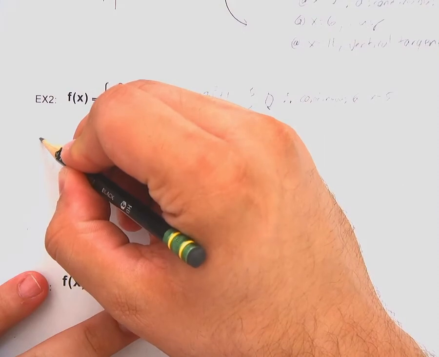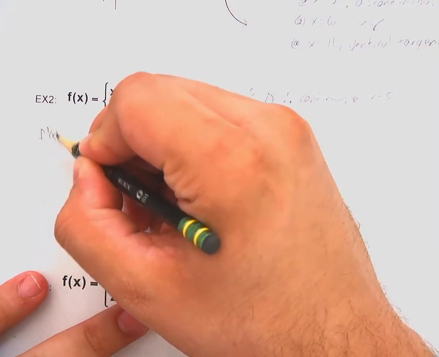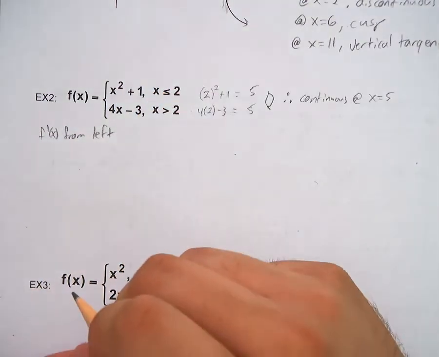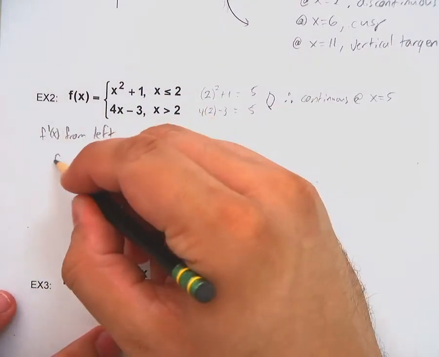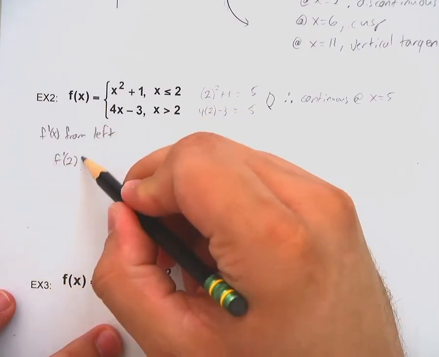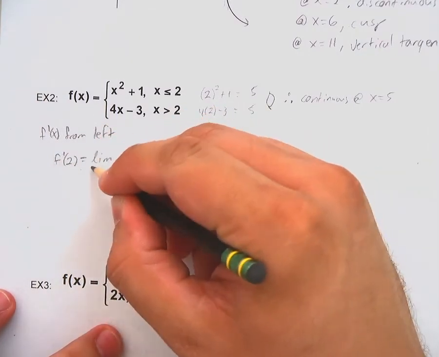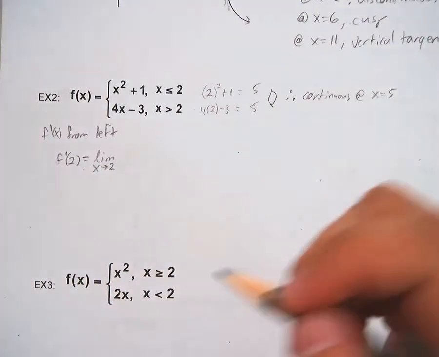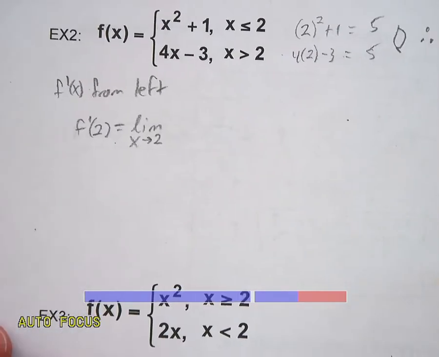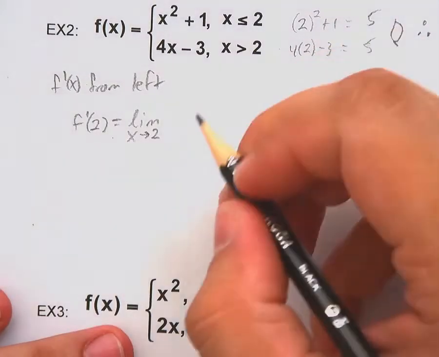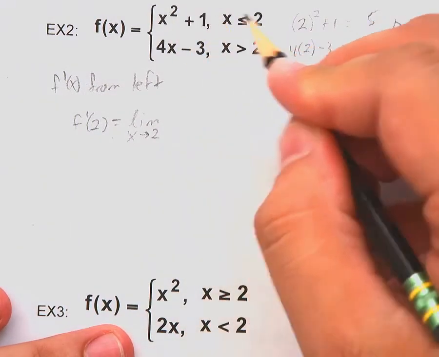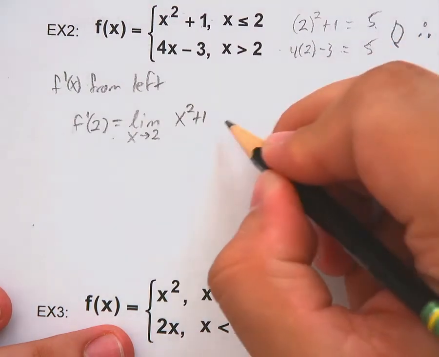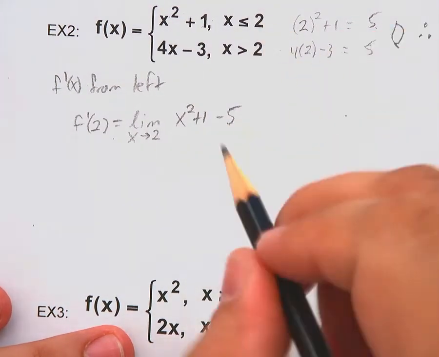So first, we'll do f prime from the left. That's going to be f prime of 2 is equal to the limit as x goes to 2. Zoom in here a little bit, you can see this work a little bit better. The limit as x goes to 2 of x squared plus 1, because I'm on the left, minus 5, what we got if we plugged in our value of c here.